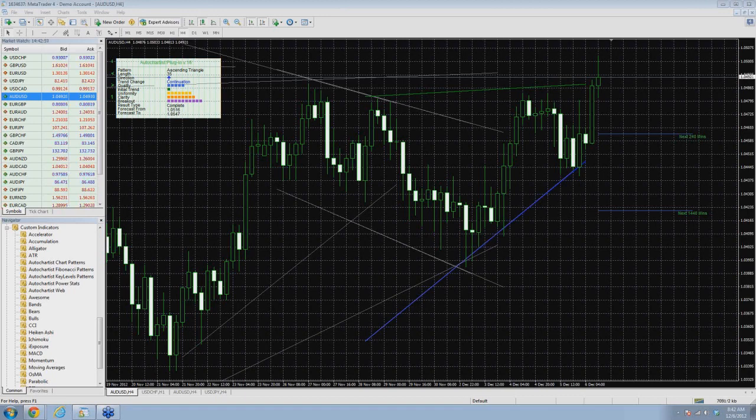All right, can I set the indicator to draw a selected pattern? For example, triangle or double top. Well, I'll tell you what.